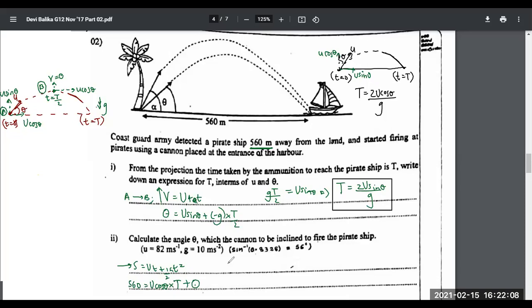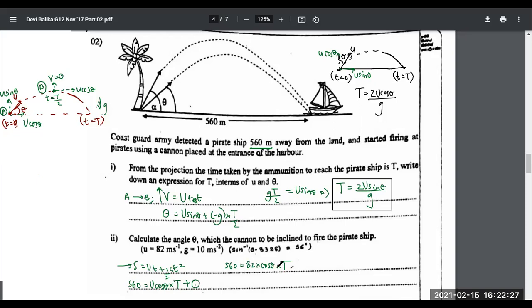Therefore, we will be getting 560 equals 82 into cos theta into capital T. Capital T we don't know. That is the equation, so we need to find out theta there.